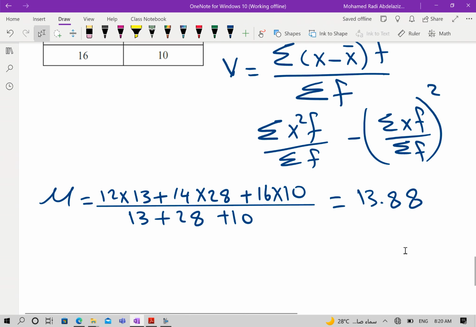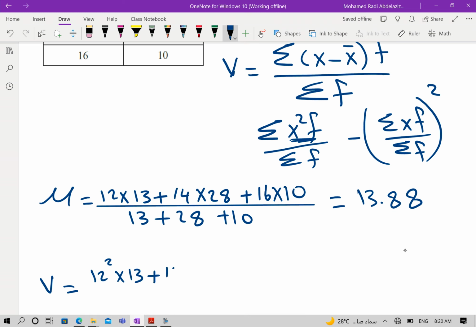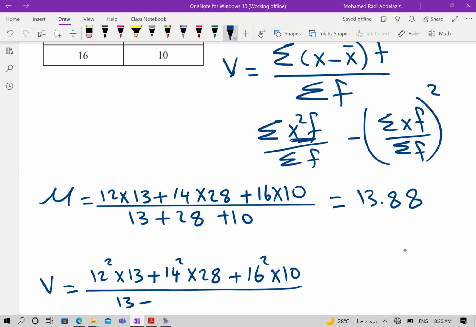If you use the second formula, variance is sum of x squared f: 12 squared times 13 plus 14 squared times 28 plus 16 squared times 10, divided by 13 plus 28 plus 10, minus mu squared.